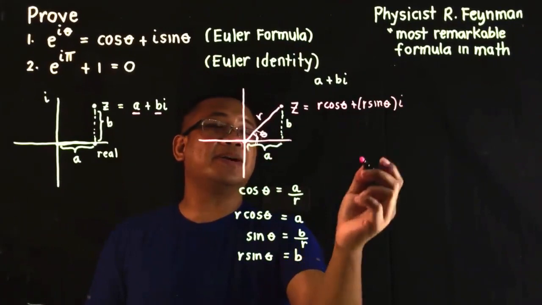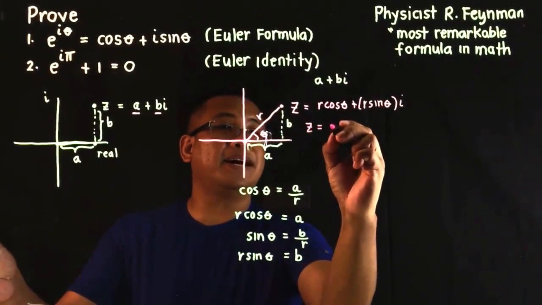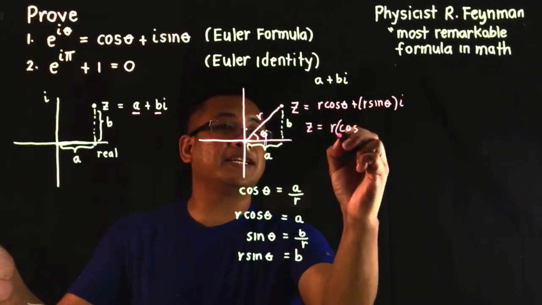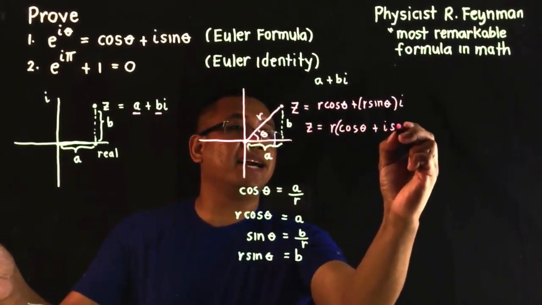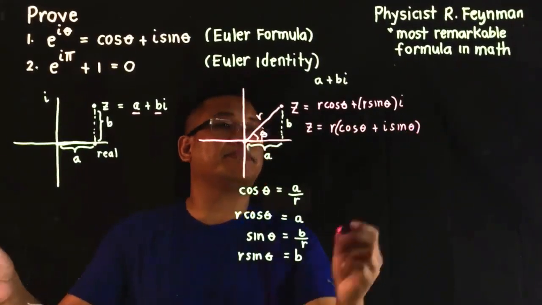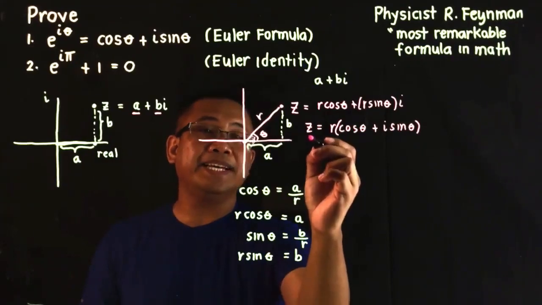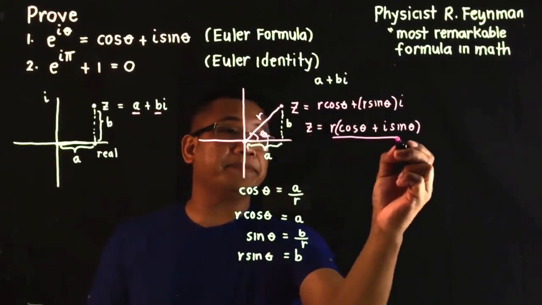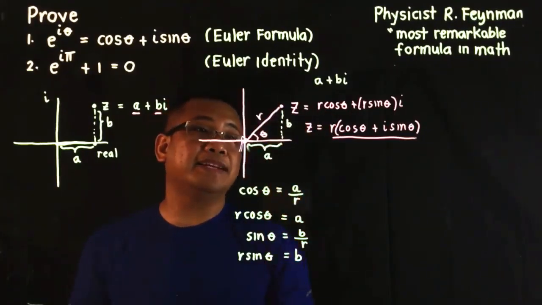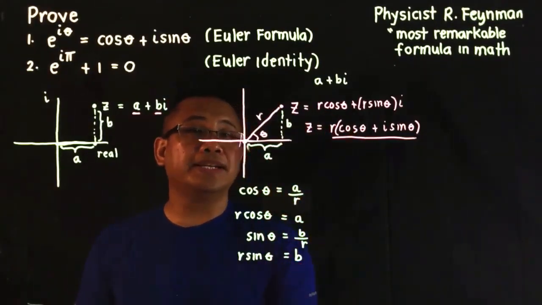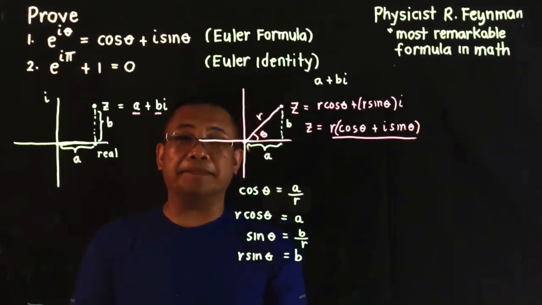Notice that r is a common factor, so we can rewrite this as z equals r times the quantity cosine theta plus i sine of theta. So in the complex polar plane, a number z can be represented this way. But if you are talking about the unit circle, then the value of r is equal to 1, so z is equal to cosine theta plus i sine theta.